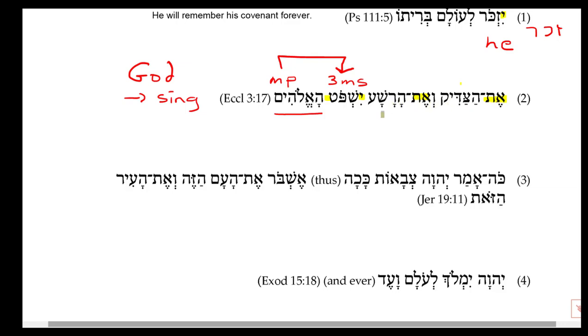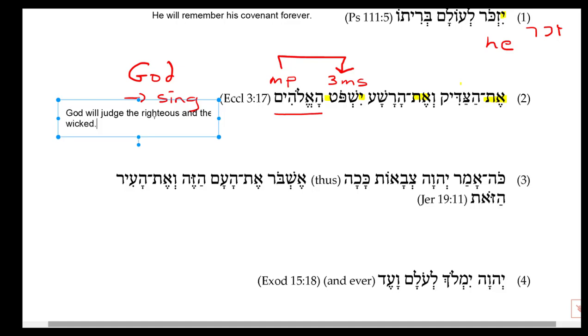So these are adjectives being used like nouns. God will judge the righteous and the wicked. Now let's type those out. God will judge the righteous and the wicked.